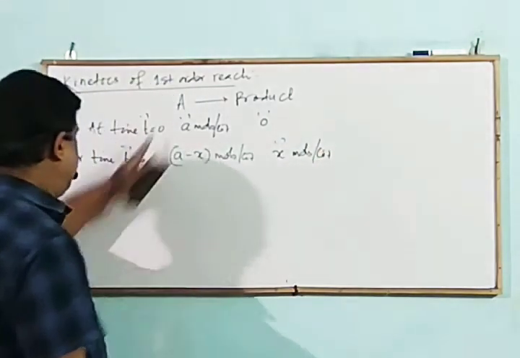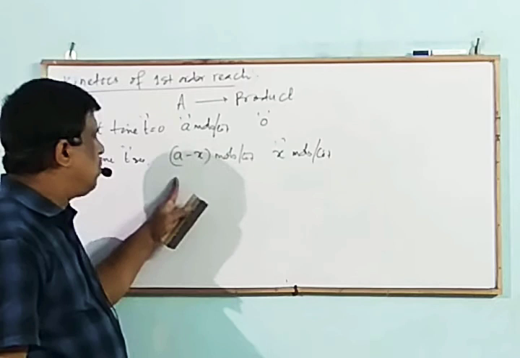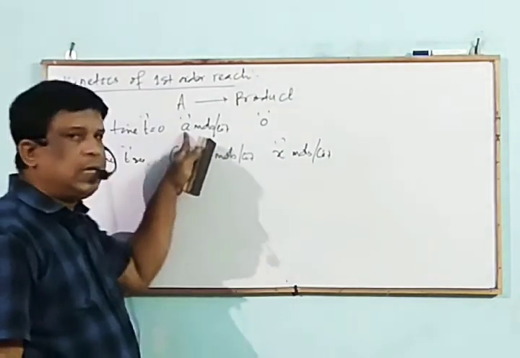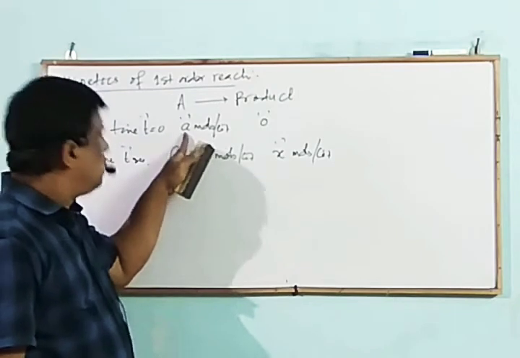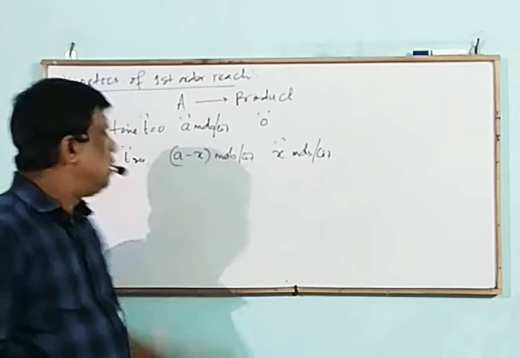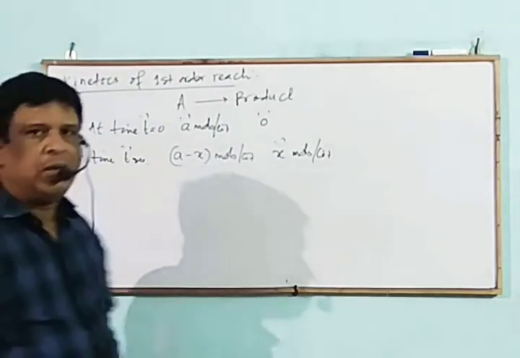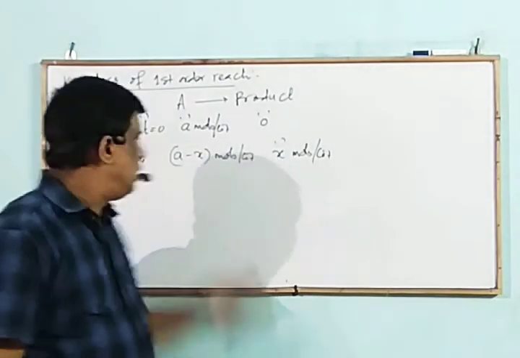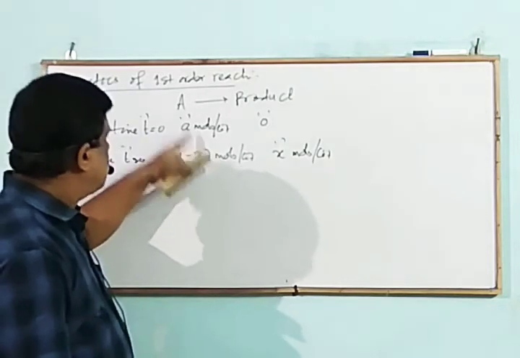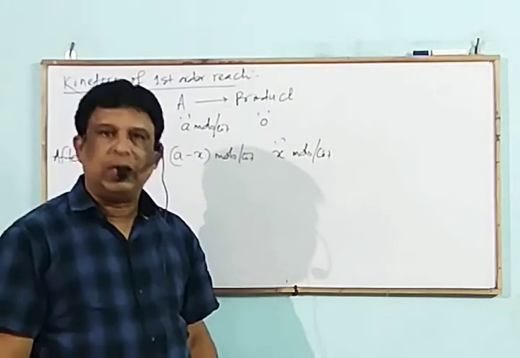Mark that. This is the initial condition and this is the final condition. Initially the concentration of reactant A is a moles per liter and product is 0. After any interval of time t, x moles per liter of the reactant is decomposed.